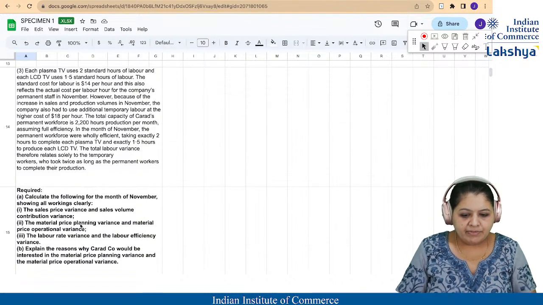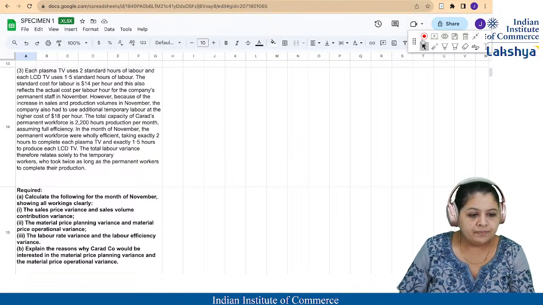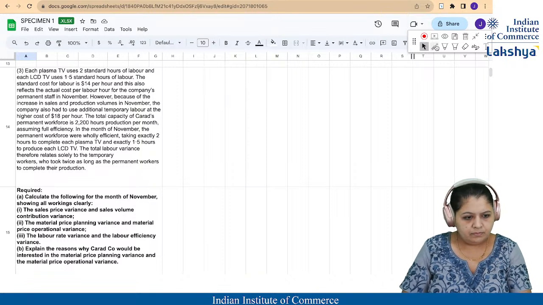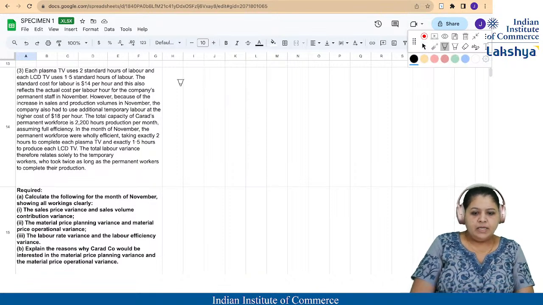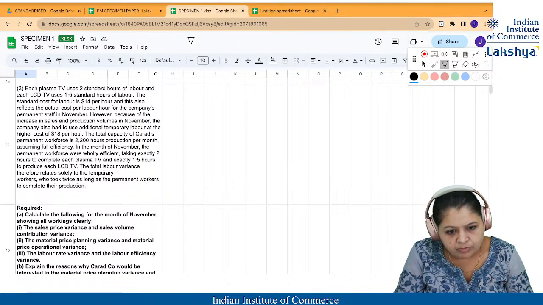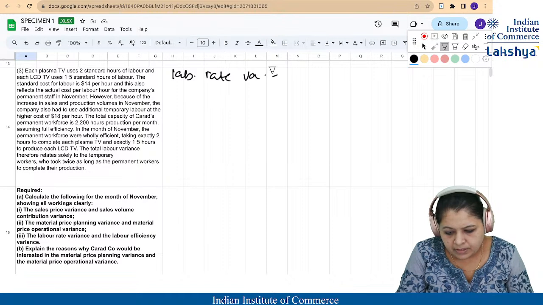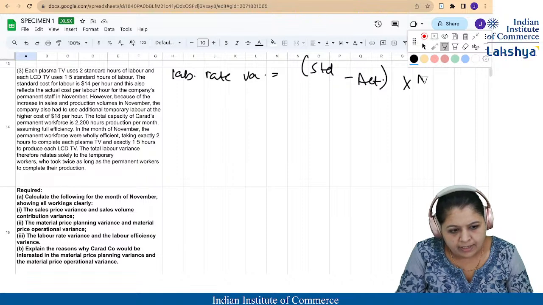Labor rate variance, labor efficiency variance. Do we know that? Yes, we do. Let's start doing it. All labor values you will get from your note number 3, right? So if you want to find out, I'm so sorry, labor rate variance is going to be your standard minus actual into actual hours, right?